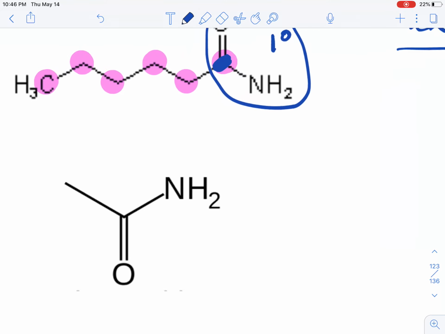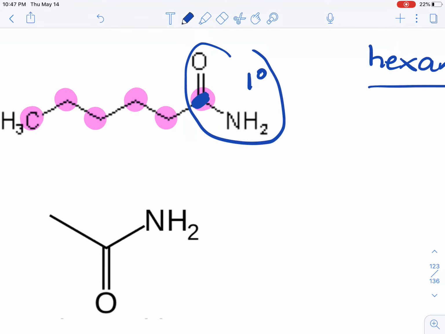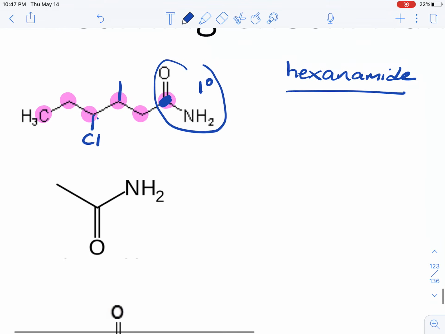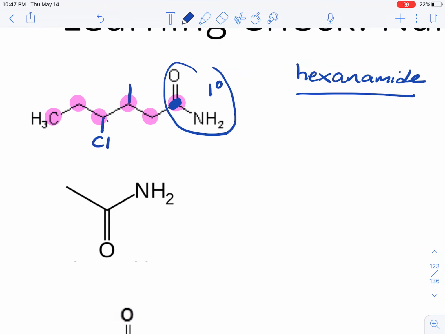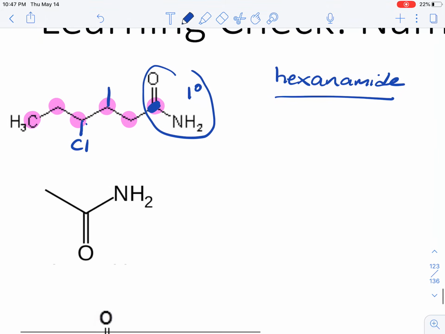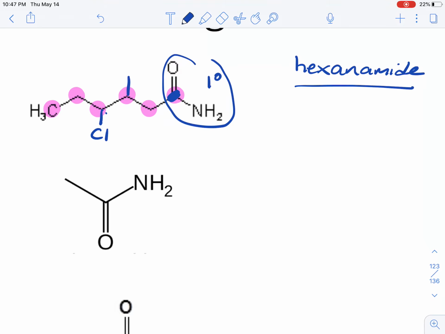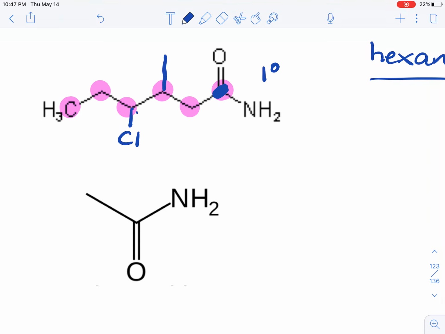And so let's go ahead and use this same organic compound, and I'm just going to add, for example, these 2 substituents. So let's just say that there are substituents on this carbon chain. How would you name that? Well, since now I have substituents, I have to figure out my numbering system. Remember, my functional group is amide, and we want our main functional group to have the lowest carbon number possible.